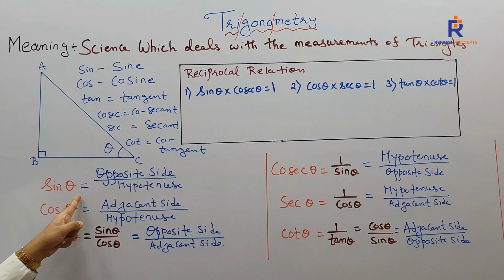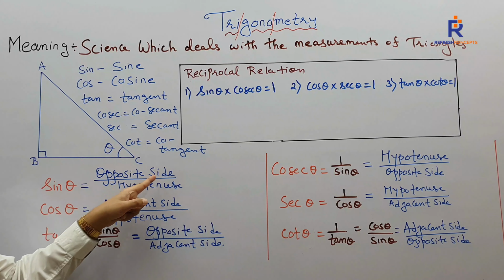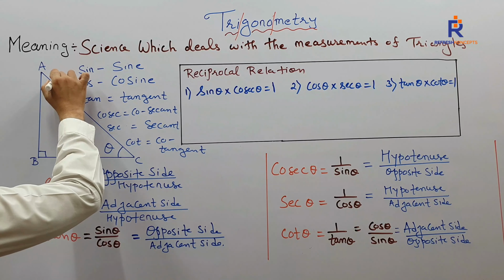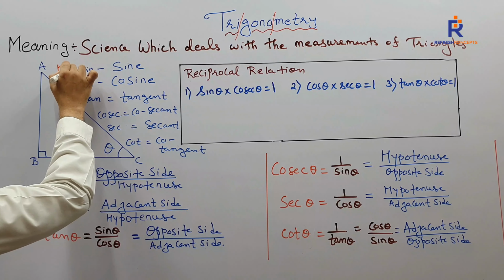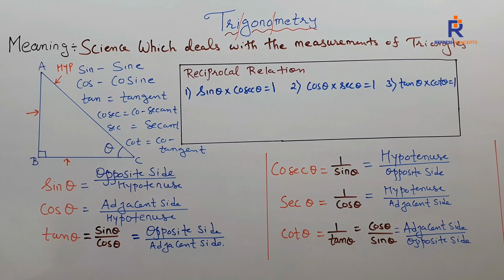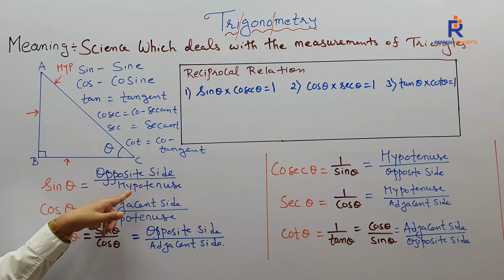The definition of sine of an angle is nothing but opposite side upon hypotenuse. Now you people are very much aware that in the right angle triangle, the side opposite to 90 degree is termed as hypotenuse, and these two are perpendicular sides. What is the sine theta definition? The definition is opposite side upon hypotenuse.